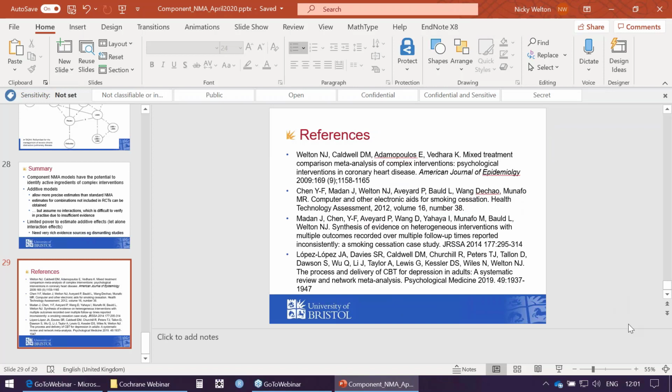So the first question is a clarification about one of the examples you presented. Does the example of psychological interventions and depression relate to a clinical or a subclinical population, or both? Debbie, can you remind me what the population was? I think they were clinical populations.